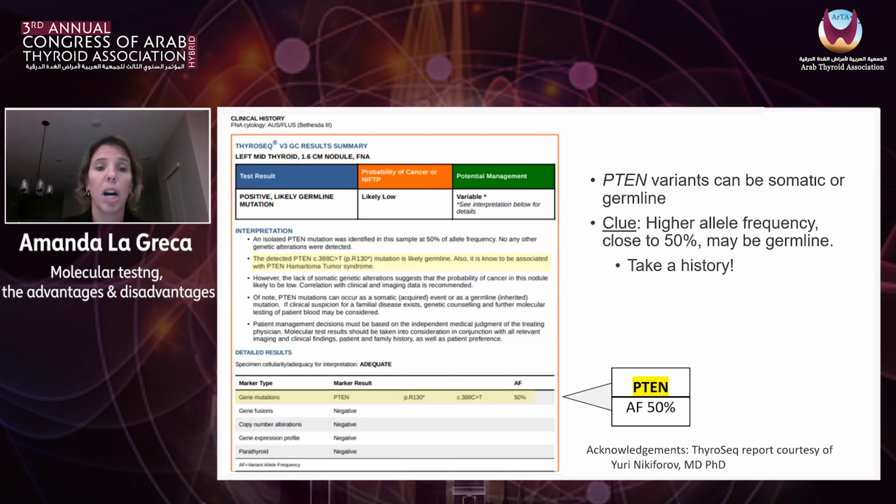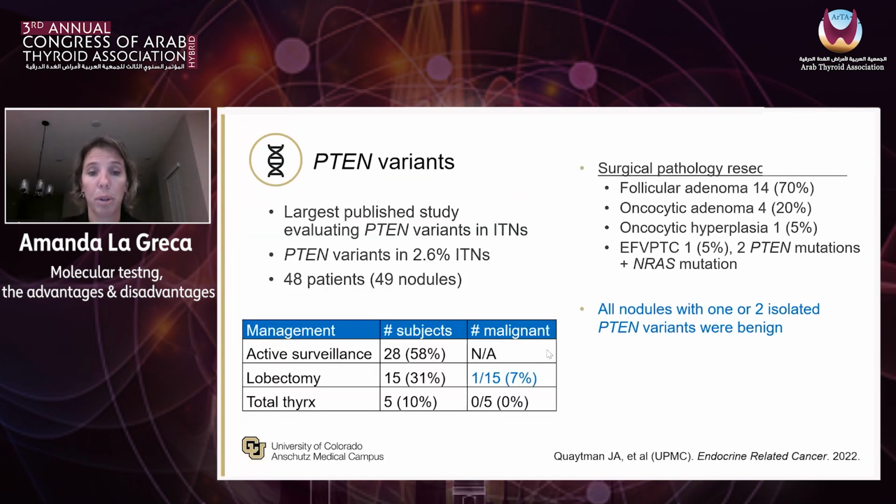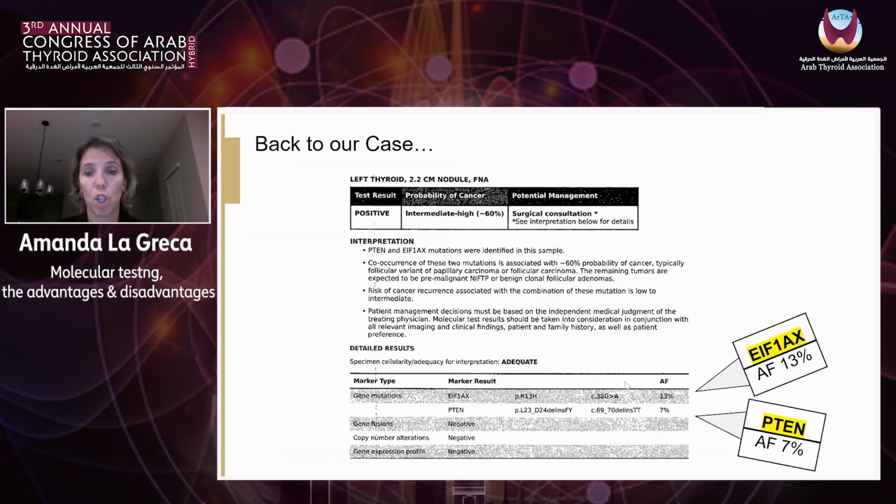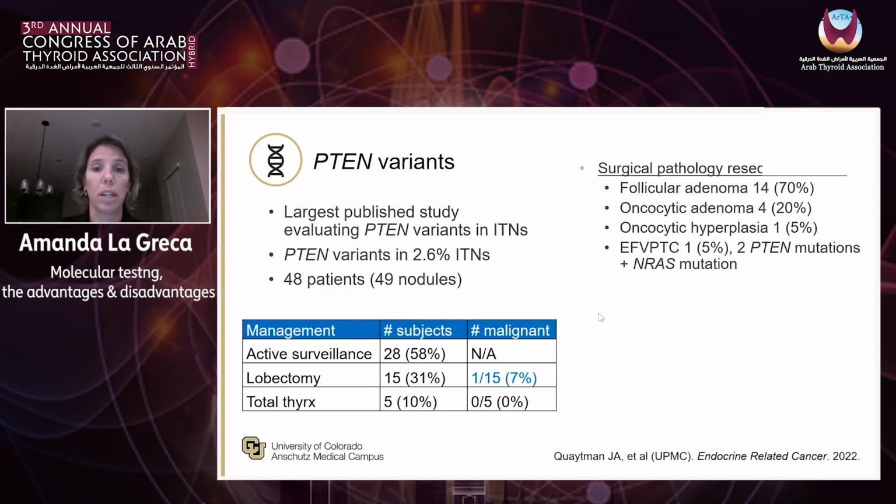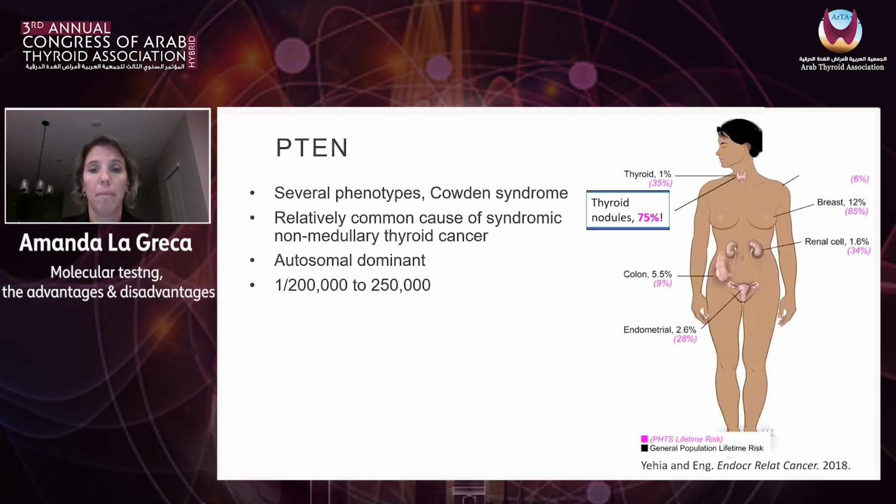So these are tumors that could be associated with the PTEN hamartoma tumor syndrome. The clue here was the higher allele frequency, close to 50%, as opposed to our patient, which was just 7%. So mostly not a germline.